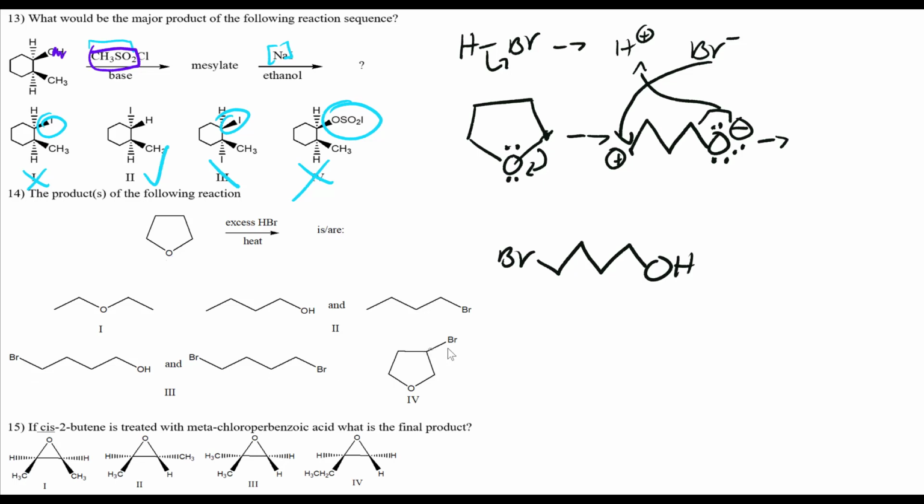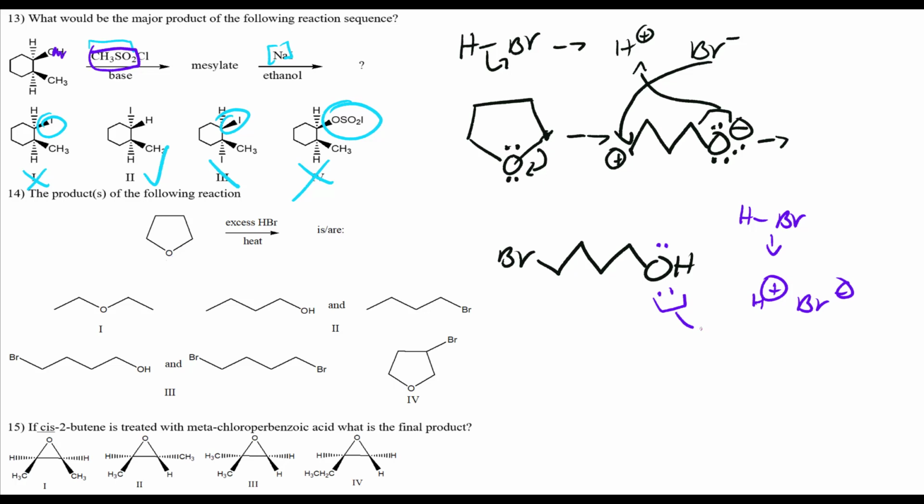But how did they get another bromine? Well, pretty simple. In step 2, we do it again with the HBr. So HBr again forms H positive and Br negative. Now, this oxygen is so electronegative that it can actually take this hydrogen.